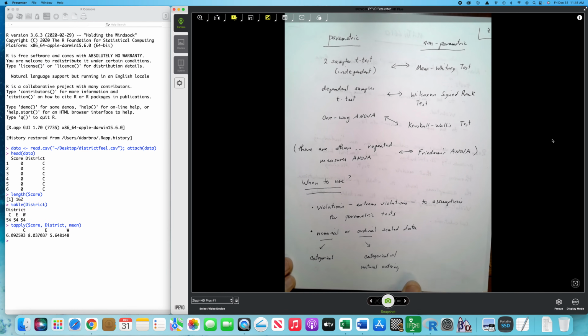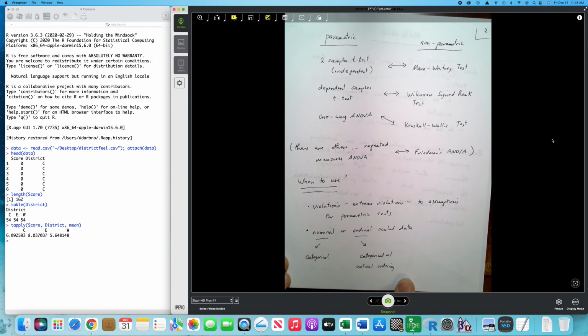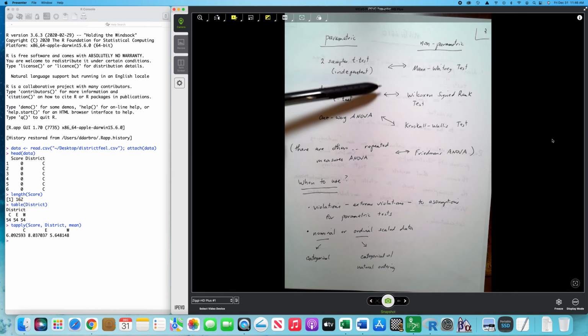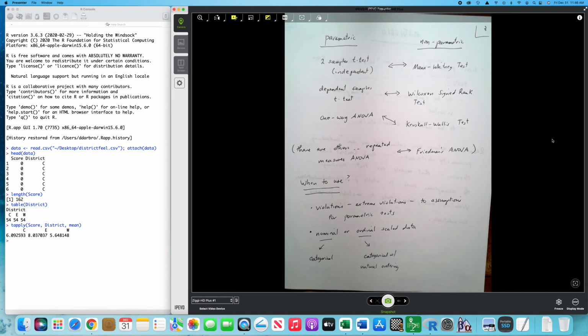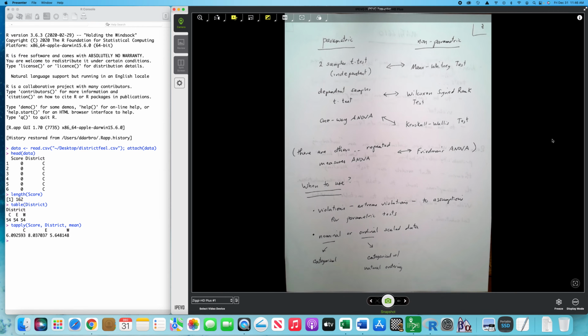So we're going to learn only 3 in this class. There are far more, but I want to present these to you because if we get a foundation of these 3, we can move into other designs very easily if you encounter them in the research for your master's thesis. The equivalent of a parametric 2-sample t-test, the independent samples t-test, is something called a Mann-Whitney test.